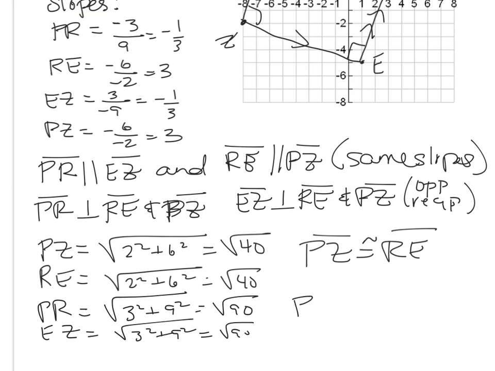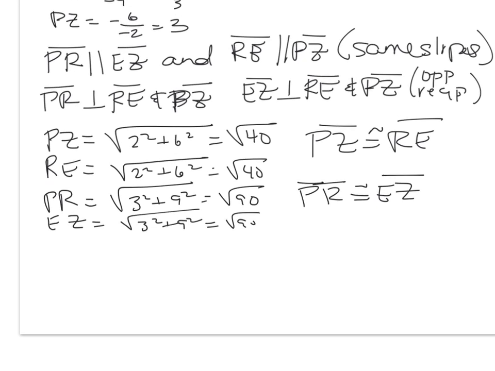So PR is congruent to EZ. Okay, so we have shown 2 pairs of parallel sides, we've shown 4 right angles, and we've shown that we have 2 pairs of congruent sides as opposed to all 4 sides are congruent.